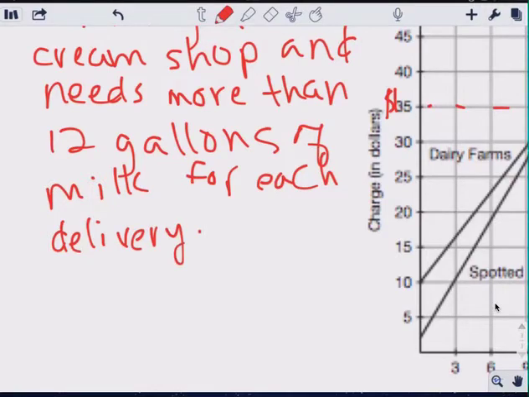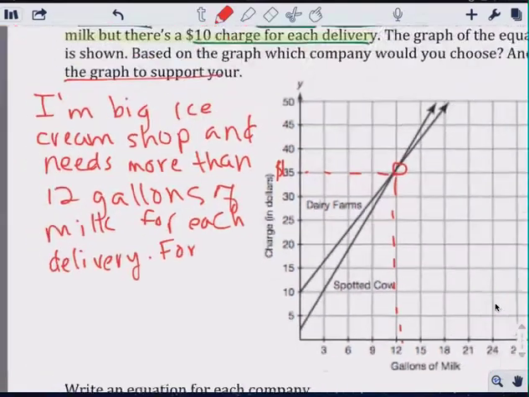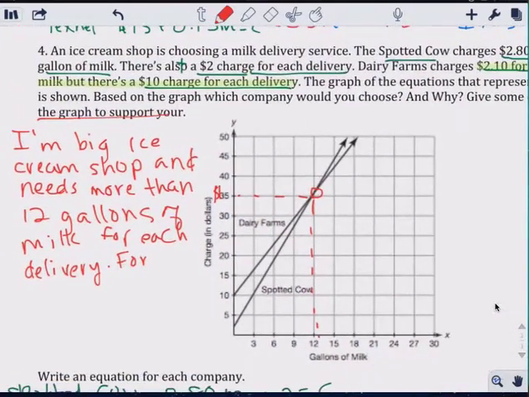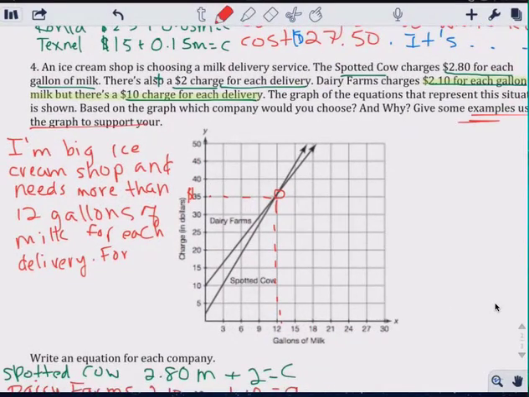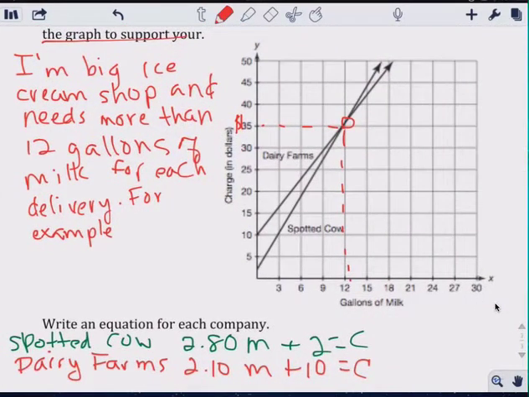For example, because they want examples. For example, my best choice would be 15 gallons of milk.